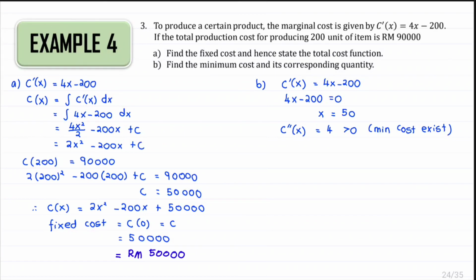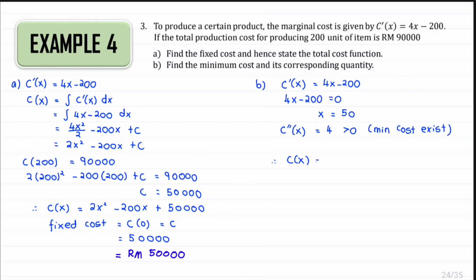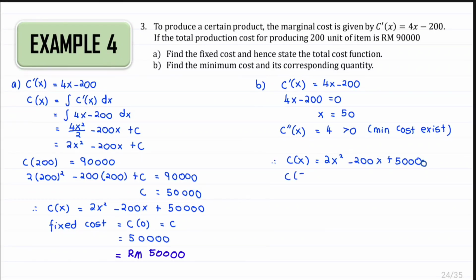Okay, then we want to find the minimum cost. We substitute x equals 50 back into the cost function C(x), which is 2x squared minus 200x plus 50,000.